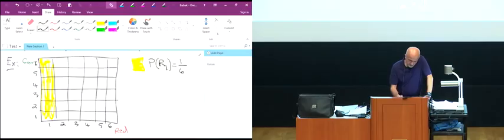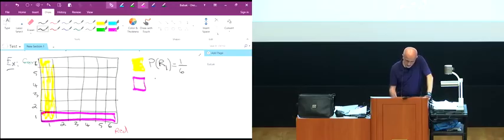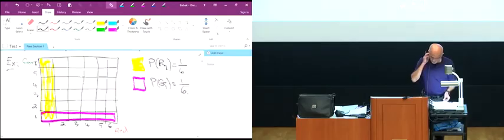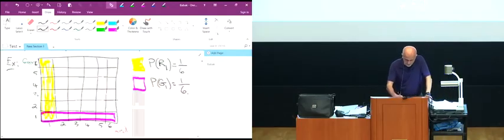Then I have the probability that this purple one, that the green one has come 1. That's 1/6. Okay? And I'm going to define another event. What is this color here?